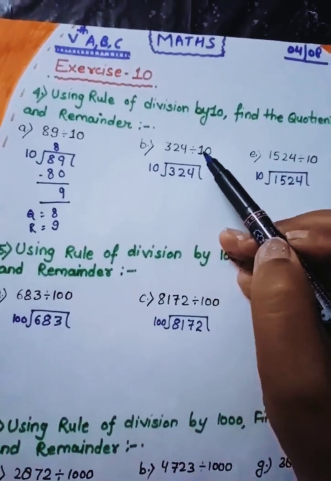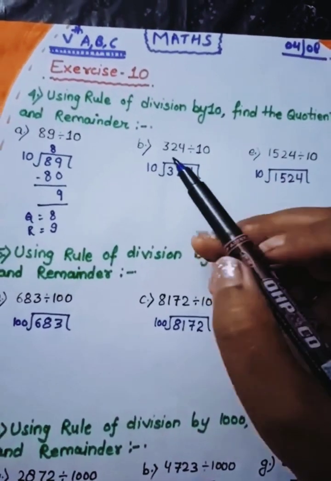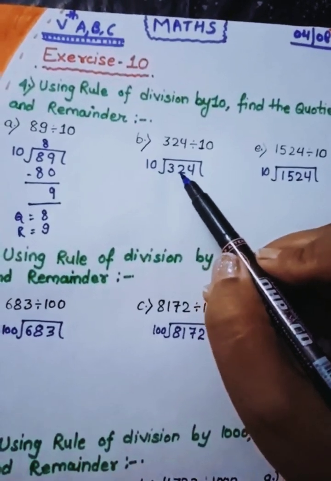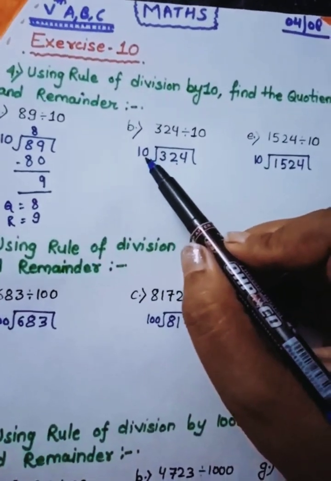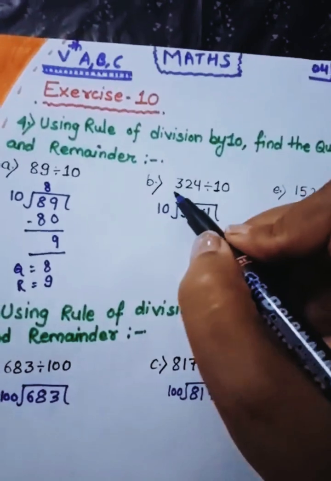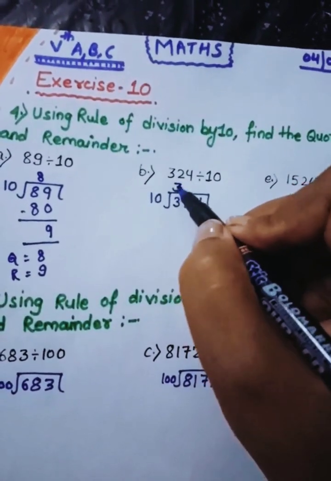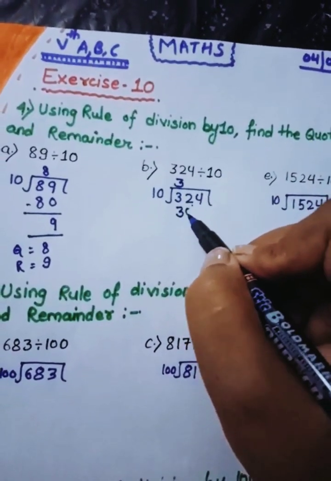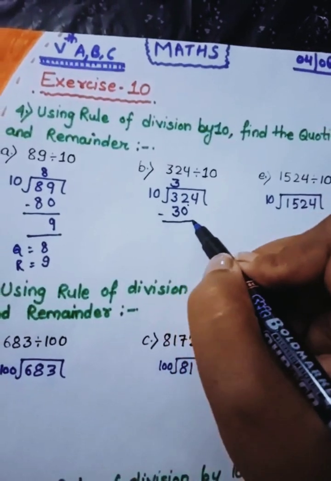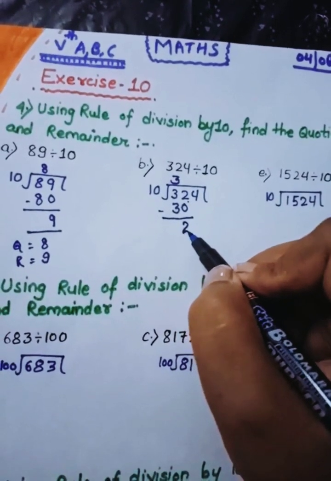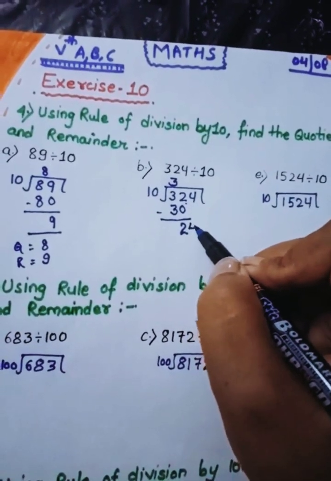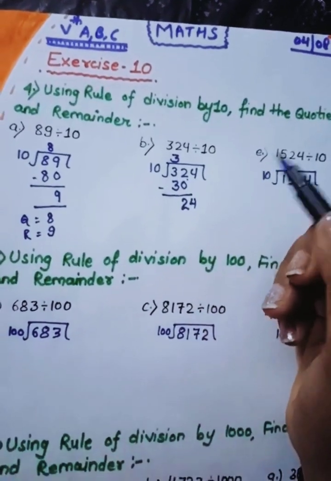324 divided by 10. Again I have to take these two digits together, then only I can divide by 10. So 10 threes are 30. Now let us subtract these two numbers. I'll get 2 over here. I have to take this 4 down from there. It has become 24.